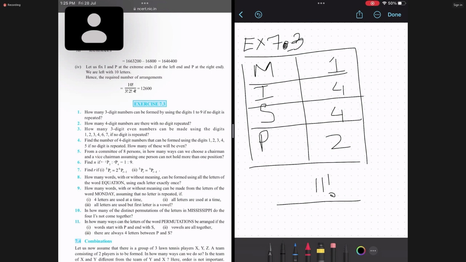I have I 4 times, so I divide by 4 factorial. I have S 4 times, so 4 factorial again. P 2 times, so 2 factorial again, and M 1 time, so 1 factorial again.